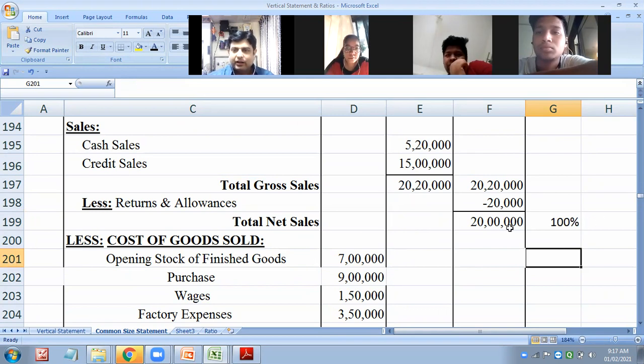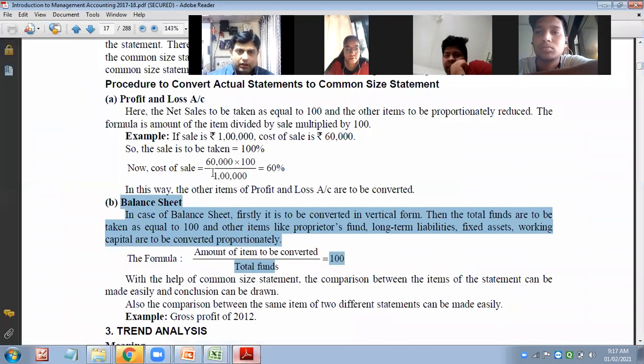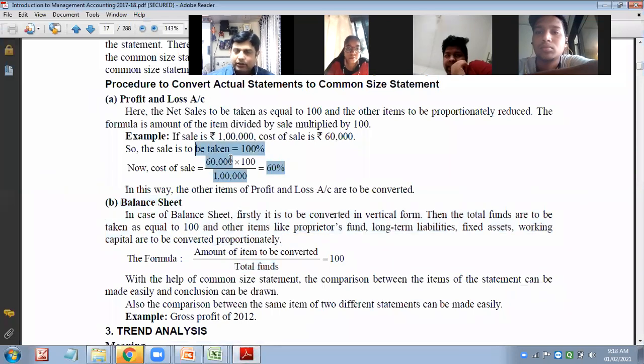So 7 lakh divided by 20 lakh into 100. Each item, as it is very clearly mentioned here, is divided by net sales into 100. Here it will be each item divided by total fund employed into 100.